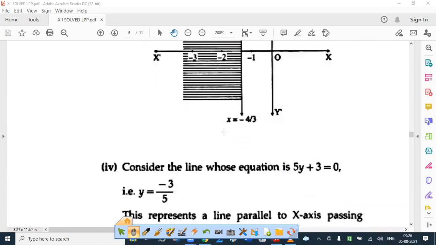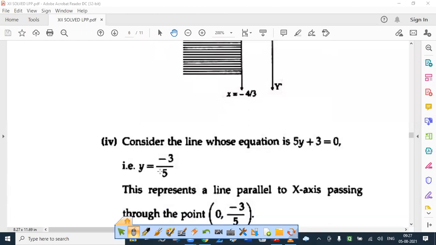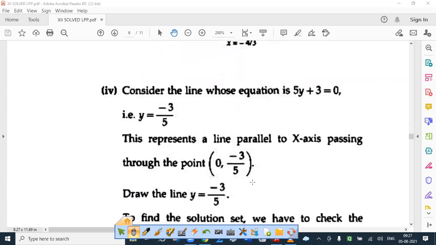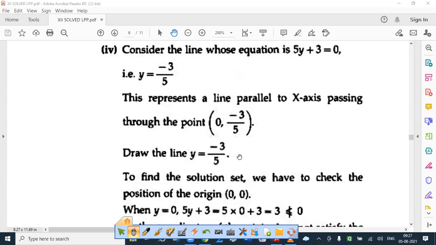Fourth one. What is that? 5y plus 3 less than or equal to 0. So corresponding equation y equal to minus 3 by 5. Now this represents a line which is parallel to the x-axis, passing through which point? 0, minus 3 by 5. Again, same logic. First, draw the line.